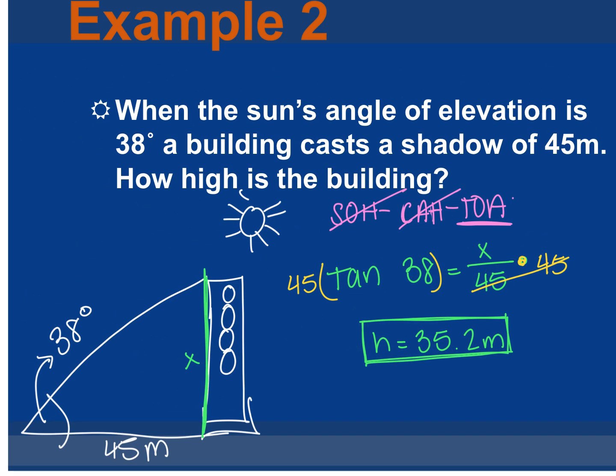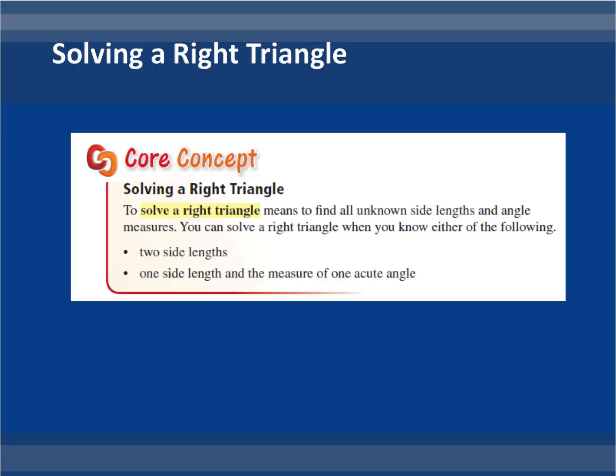Again, please make sure you know how to draw your diagrams. All right, when something says solve a right triangle, that does not just mean solve for whatever you need. There's a specific thing for this one. If it says solve a right triangle, that means to find all unknown sides and angles.